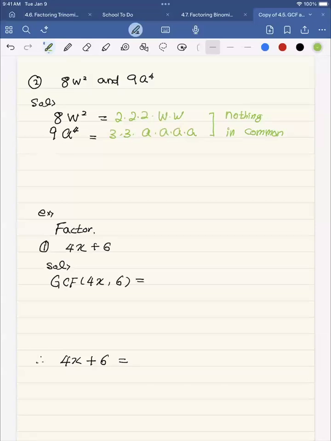In this case, the common factor will become 1. So when there is nothing in common, that implies GCF is 1.